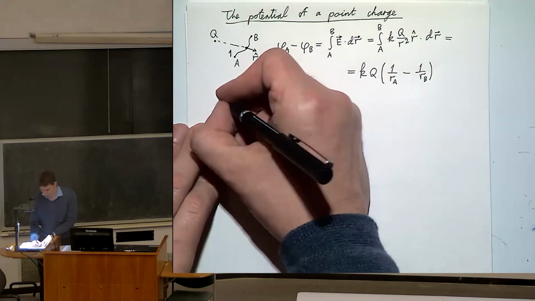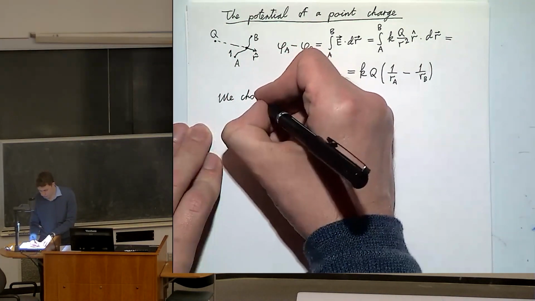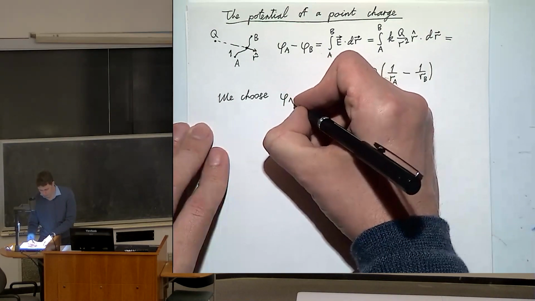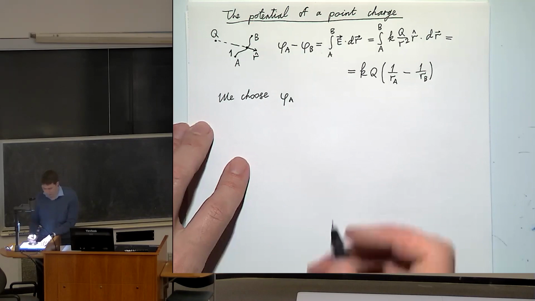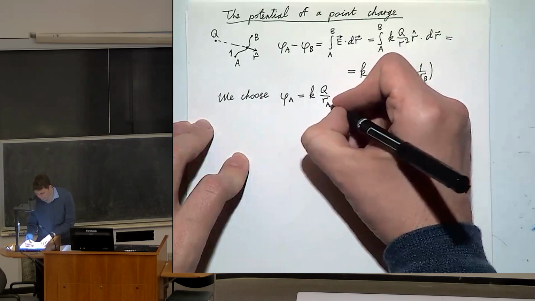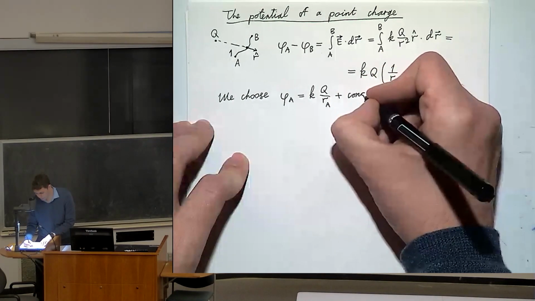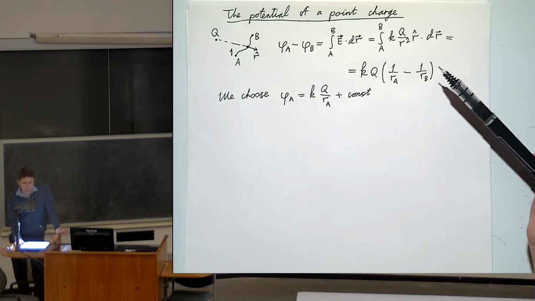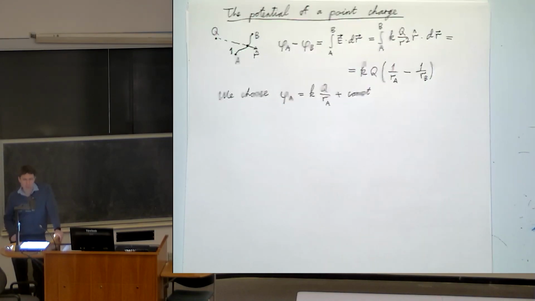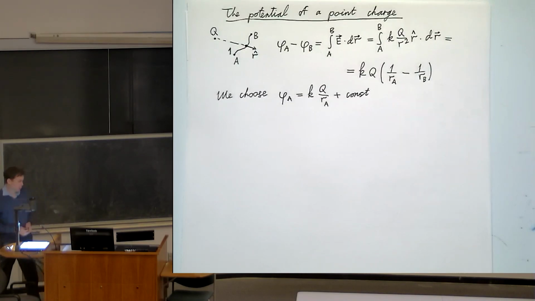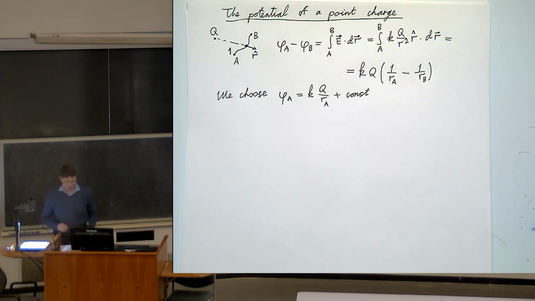So let us choose the potential at point A to be kq over Ra plus an arbitrary constant, and the potential at point B the same, replacing A by B. And that constant can be arbitrary because when we compute the difference, it will cancel out.